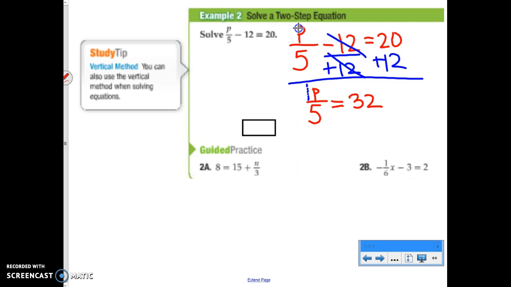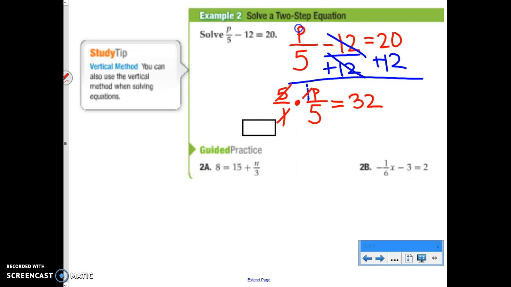And if you're looking at this, you can say, hey, I know that the opposite of division, for me to get p completely by itself, is multiplication. So I need to multiply by the reciprocal, or multiply by the denominator. So the opposite of division is multiplication, and the reciprocal, multiplied to get rid of that fraction, would be 5 over 1.